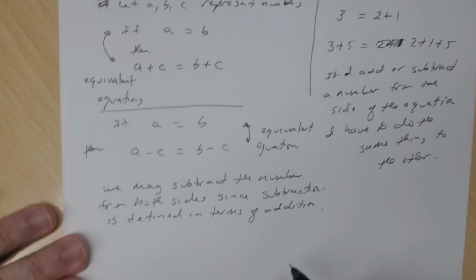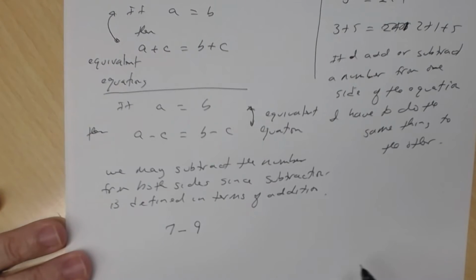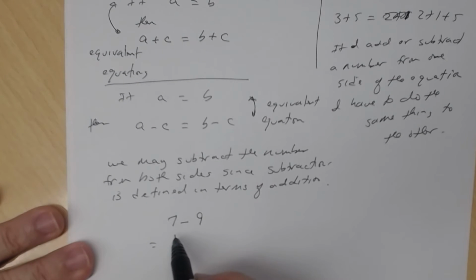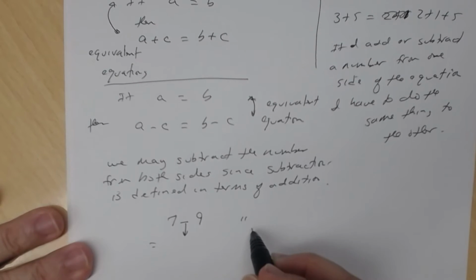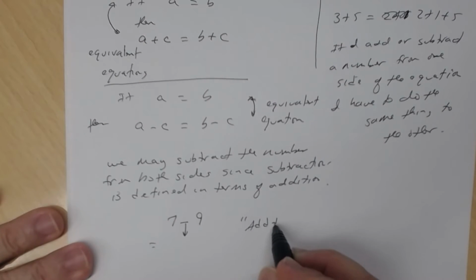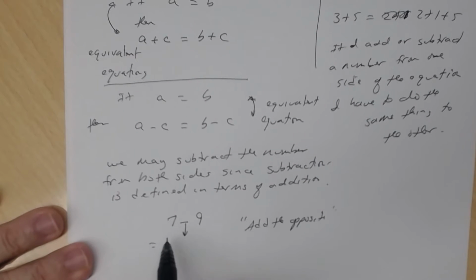All right, so remember from a previous course where you had something like 7 subtract 9. So what you learned in the previous course was that I can always change subtraction to an addition problem. And when I do that, I got to use that phrase, add the opposite. All right, so I'm going to read this again. So when you read this, this is a positive 7 subtract a positive 9.